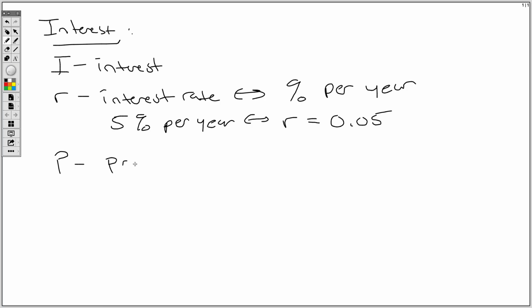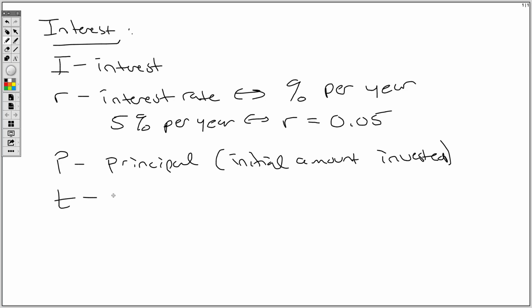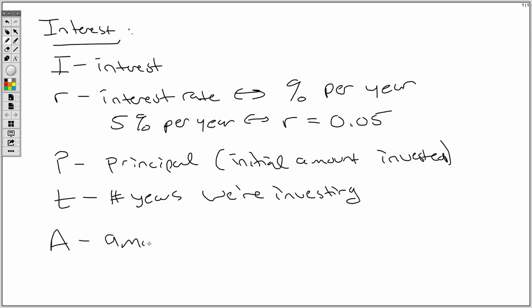P is called the principal. This is the initial amount invested. T is the number of years we're investing. And A is the amount in the account after T years.